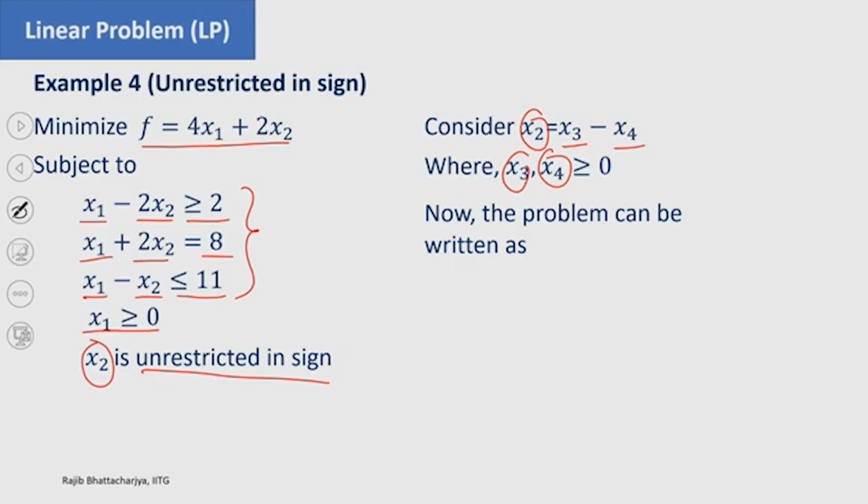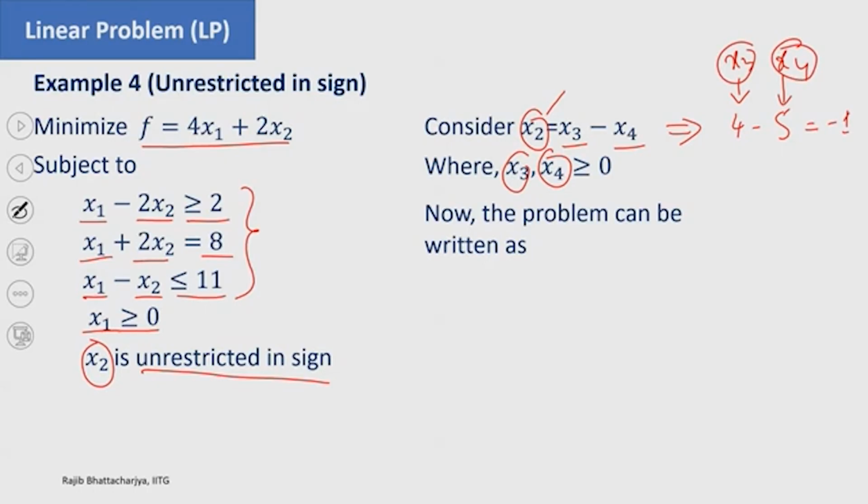The variable value should be positive, but in this case x2 can be negative also. Therefore, I am writing x2 in terms of x3 and x4, and x3 and x4 are positive. Suppose you want a negative value, I can write 4 - 5, where 4 is your x3 and 5 is your x4. So, 4 - 5 = -1, but x3 and x4 are positive.